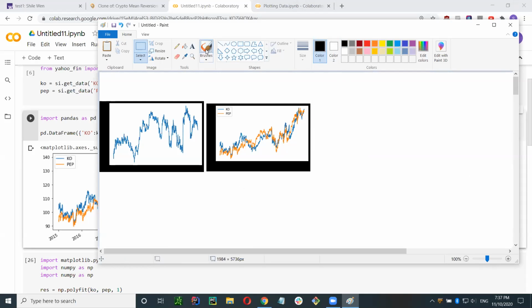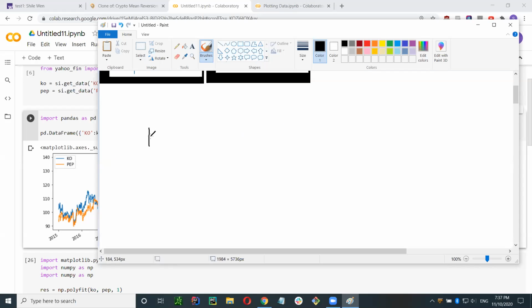However, once we apply the OLS and get the errors, making one a multiple of another plus some constant, now it's mean reverting. And so what we can do is buy at these points and sell at these points, right? And the portfolio would be some KO.